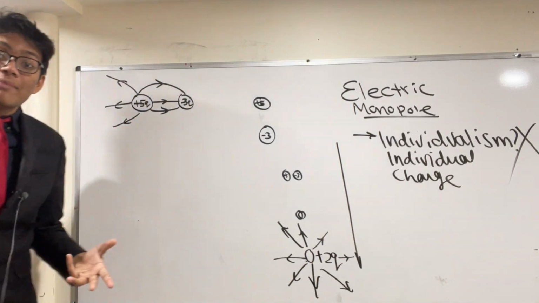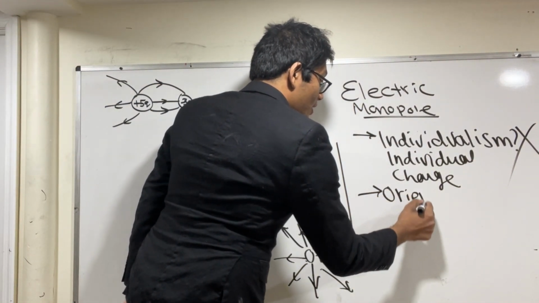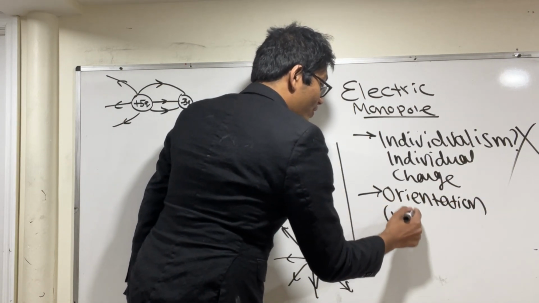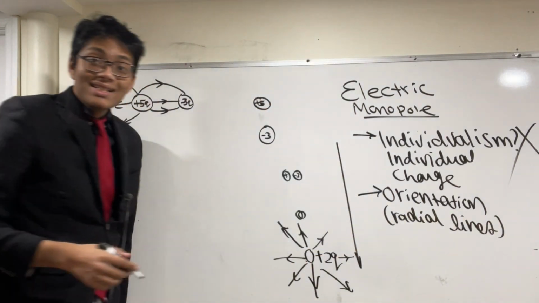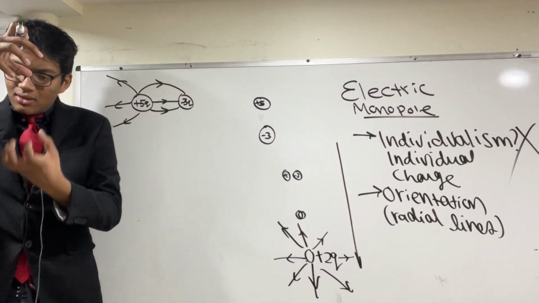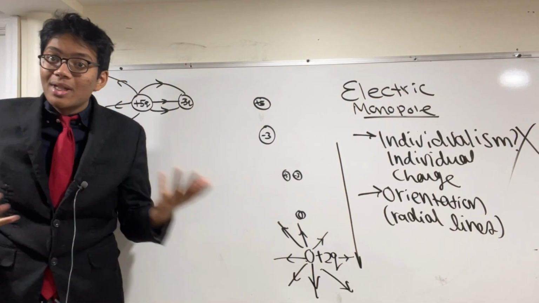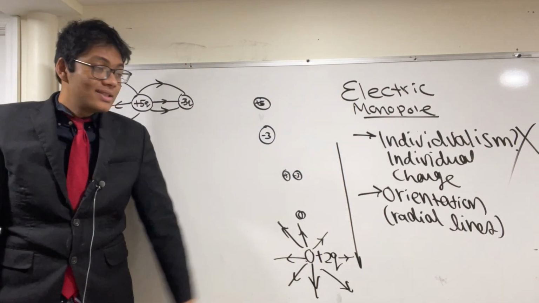That's why the orientation of the electric charges doesn't matter, because you have radial field lines, you have symmetry. So what that does is it hides the orientation. I don't care your +5 is on top of your -3. I just care that the net charge is +2. And because the net charge is +2, the field lines are radially outwards.